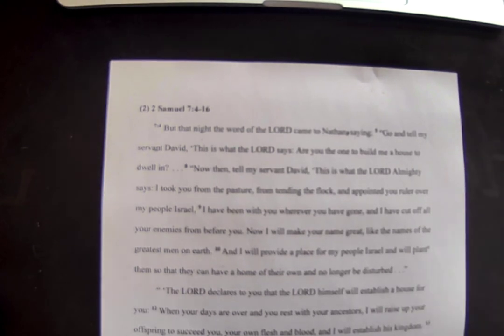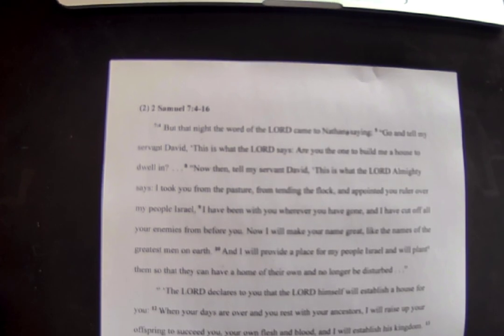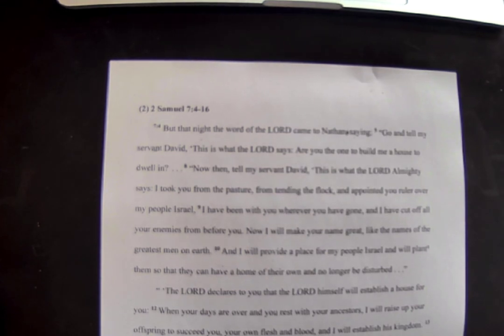Doing your first Bible study, I realized that many of you, I think, didn't understand how the observation page relates to the actual Bible study.